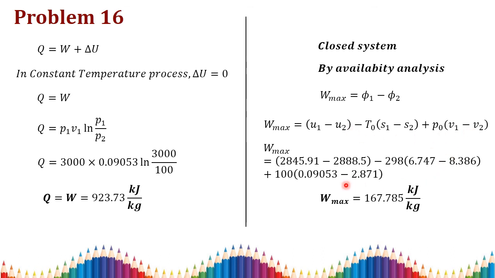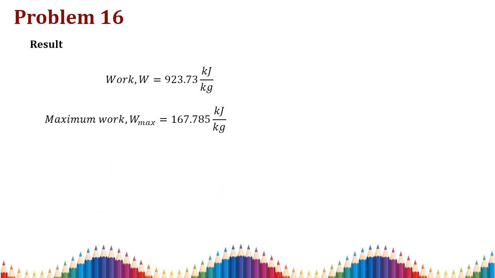Substitute all those values to get W max equal to 167.785 kilojoule per kilogram. So as a result, the work done is 923.73 kilojoule per kilogram, but the maximum useful work done is 167.785 kilojoule per kilogram. Thank you.